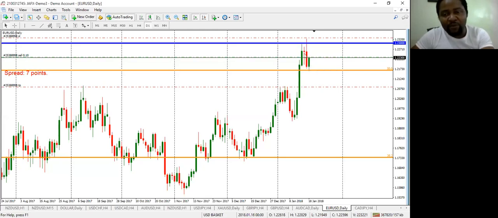On Wednesday, we got a confirmation from the daily, the evening star. What makes an evening star? A bullish decision candle, a bearish decision candle, with an indecision candle in between the two confirms it as an evening star. So this is one for daily confirmed. We are waiting for the weekly to confirm.